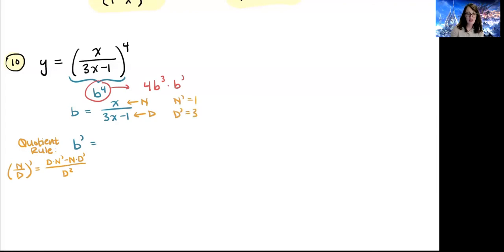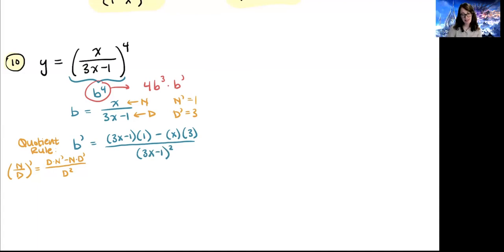So when we put this together into the quotient rule, we will get bottom 3x minus 1 times the derivative of the top, 1, minus top, which is x, times the derivative of the bottom, which is 3. And that's all divided by the original denominator squared.